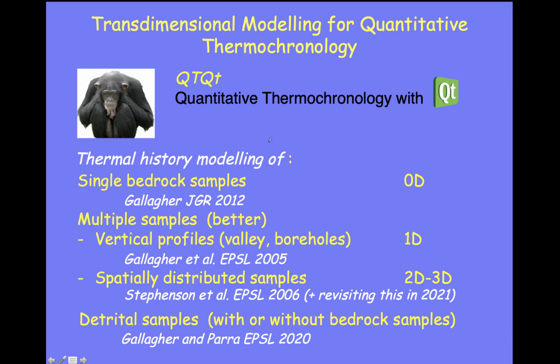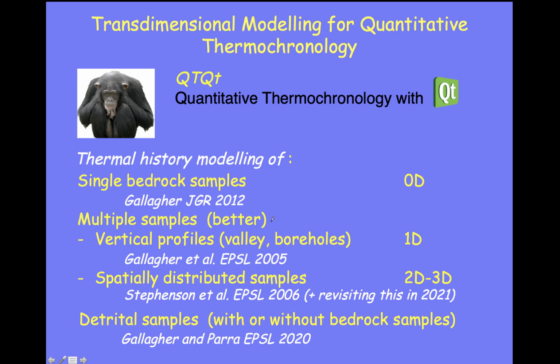This is a transdimensional Bayesian inverse approach using Markov chain Monte Carlo. And I call this approach with a single sample 0D, 0 dimensions, just one sample by itself. What's the thermal history? And that's a relatively non-unique problem. Depends on the data, of course, but one sample by itself doesn't tell us a huge amount.